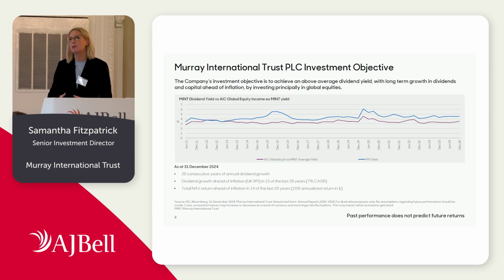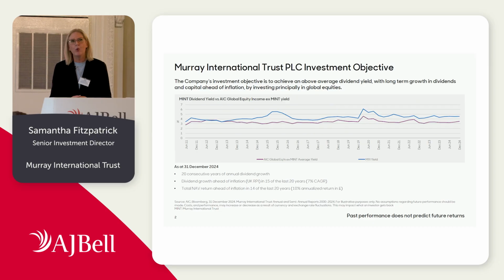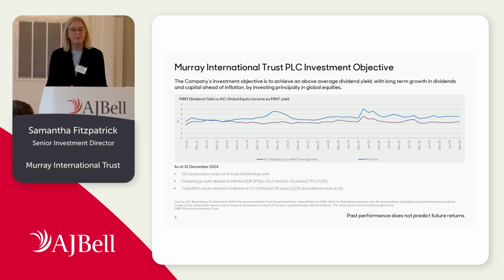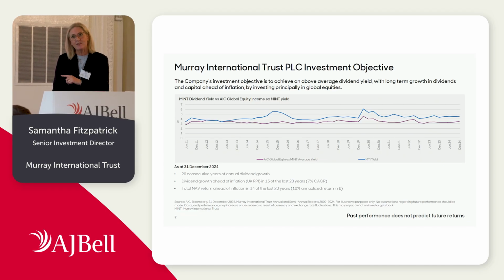So that greater proportion from income is a standout feature, and it's very different in terms of when you would expect this trust to do well. So typically we do participate in upside, but if you have other more growthy stocks blowing the lights out, we are not likely to keep up with that in any given year. But the flip side of that is that there is an element of downside protection.